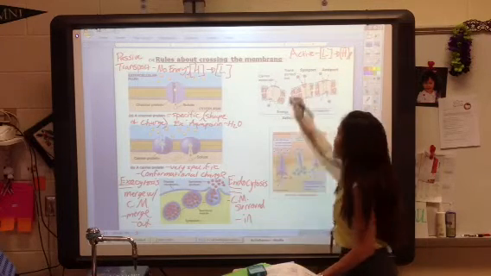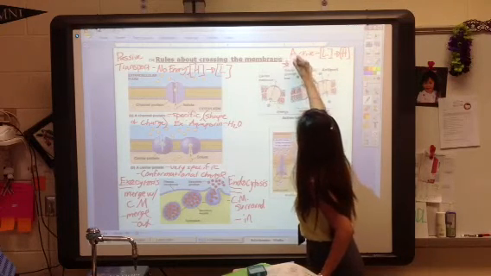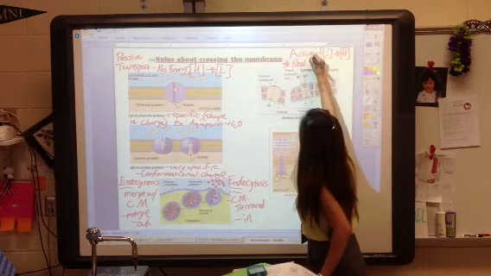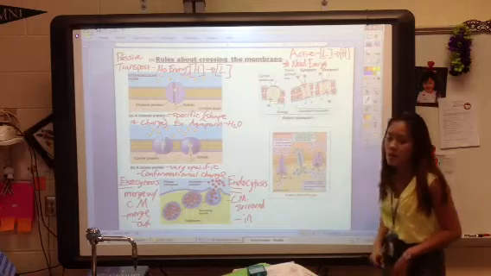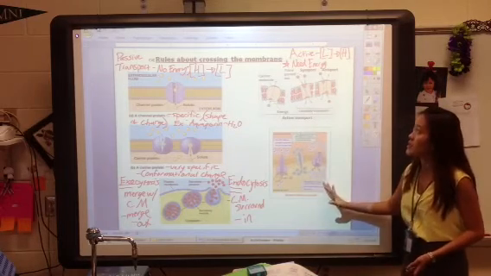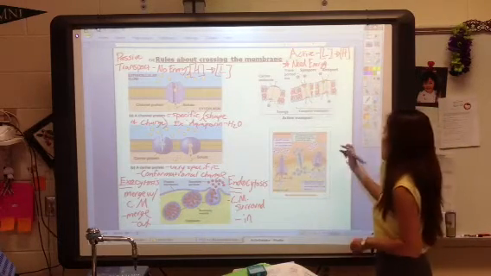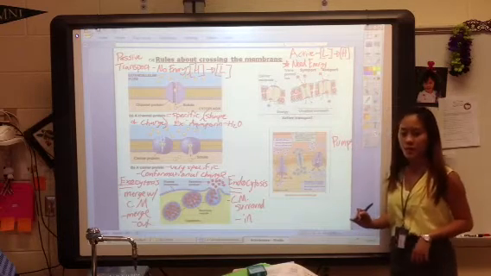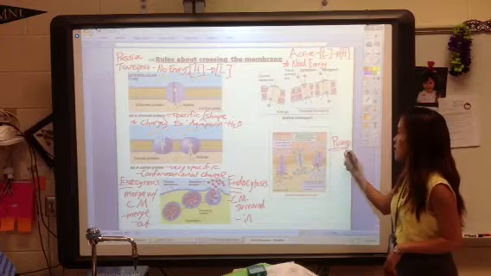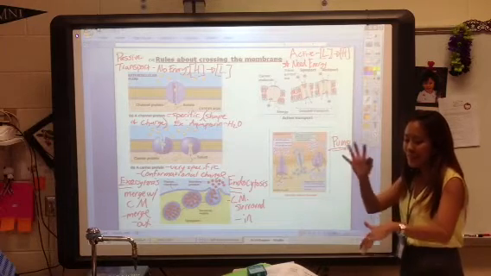Okay? And this is going to need energy. Now, in most cases, active transport is going to require some sort of protein or pump, okay? And it's going to be collecting molecules.